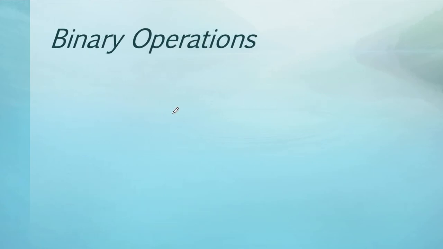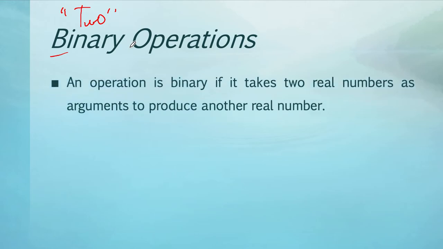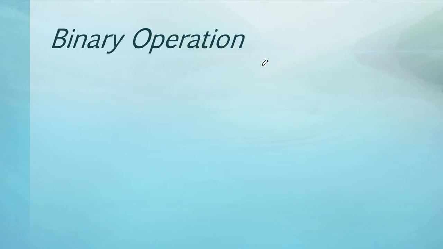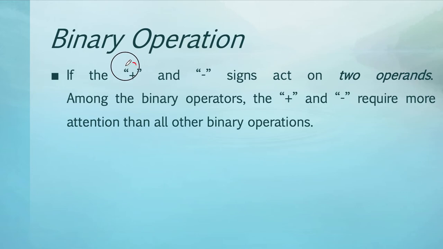Now, for the binary operations, from the prefix bi, which means two: an operation is binary if it takes two real numbers as arguments to produce another real number. For instance, the plus sign acts on two operands, not only on one operand, but two.